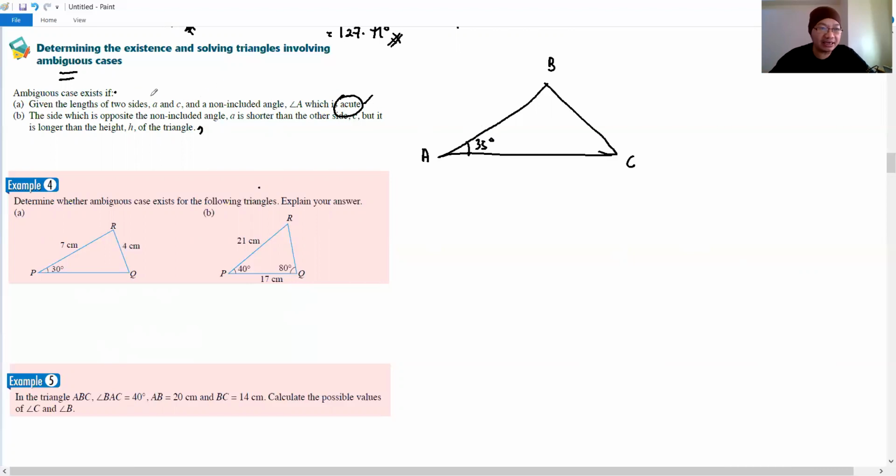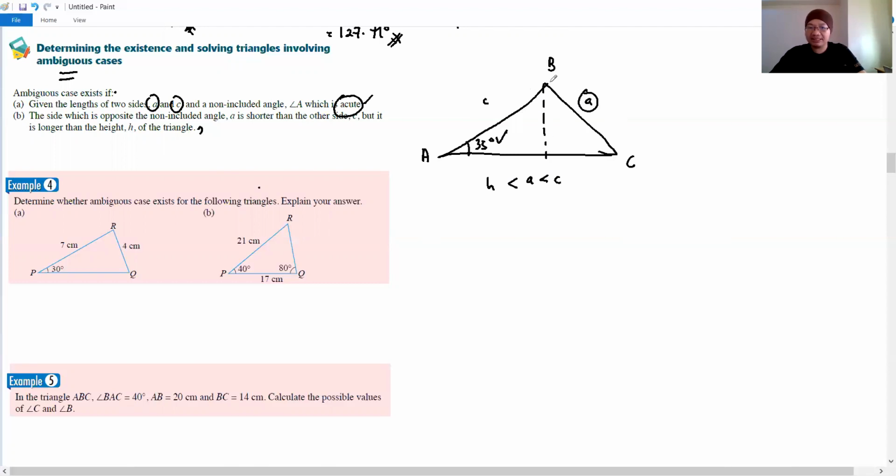And then I have lengths A and C. This is my length A, because it is opposite to capital A. The length of C should be here because it is opposite C. To determine whether the ambiguous case occurs or not, first it must have the angle A, which is acute, and then the length of A here must be less than the length of C. But A must be bigger than the height. What is your height? This is your height.